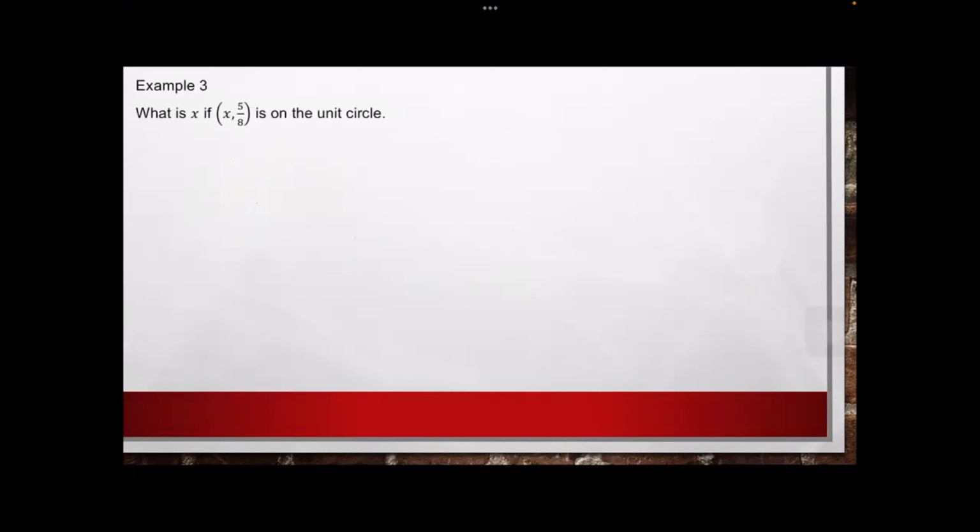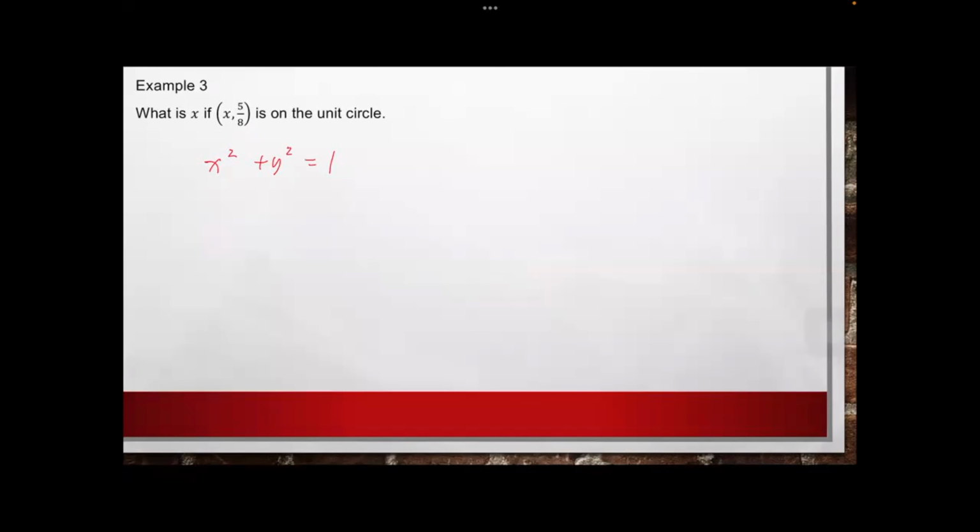Okay, another example. What is x if x and 5 over 8 is on the unit circle? We need to find x, where y is 5 over 8, and it is given that the point is on the unit circle. So we have x squared plus y squared is equal to 1.